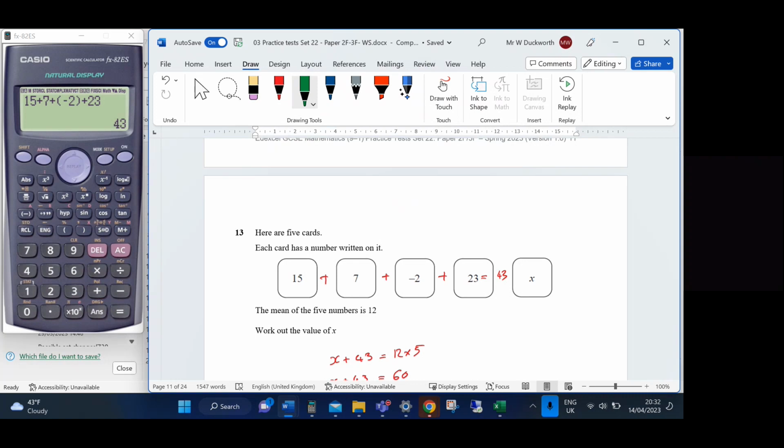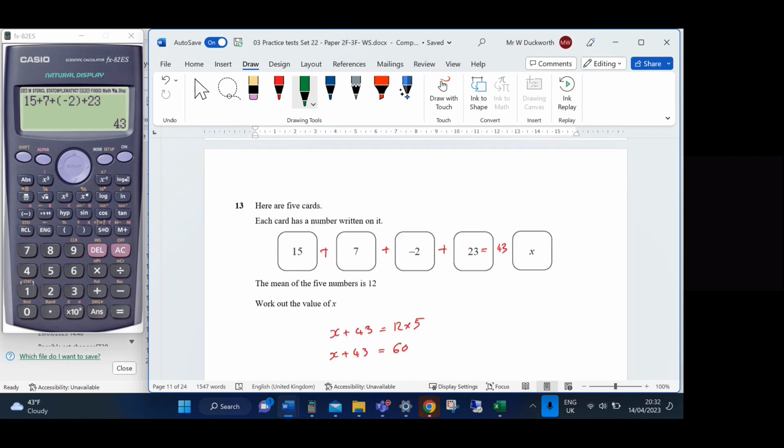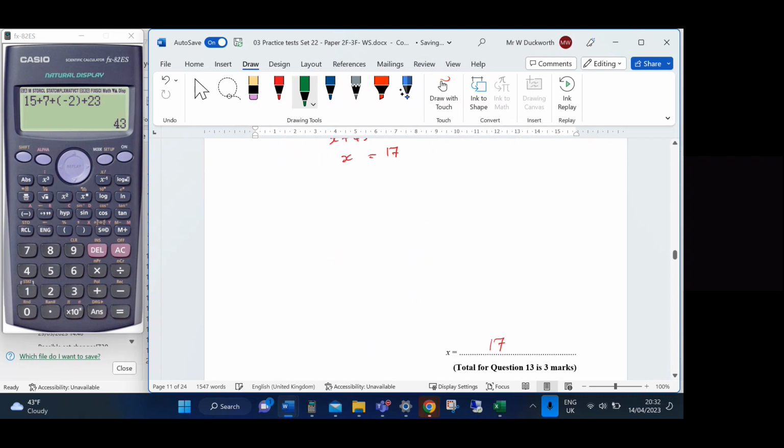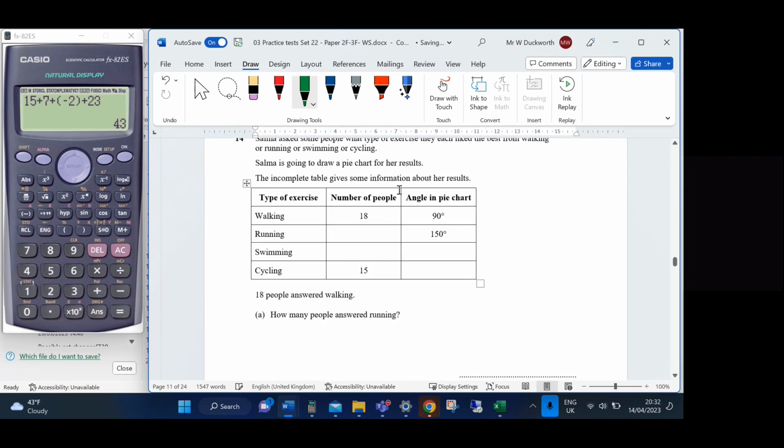When we get an equation with this 60, or for a complete calculation to find the value of x. Okay, so we're going to go M1, second M1 there, and then an A1 for the 17. Right, question 14.